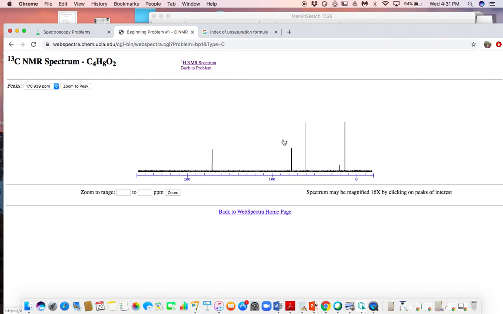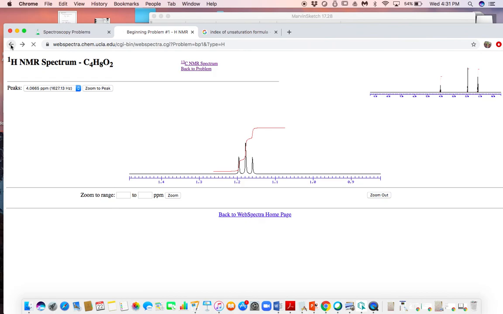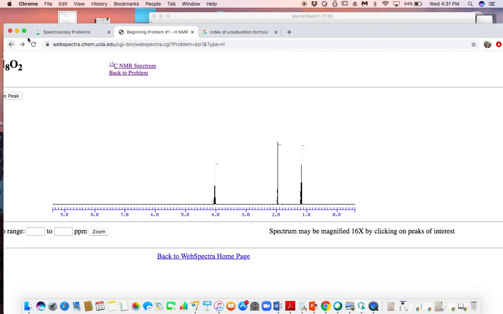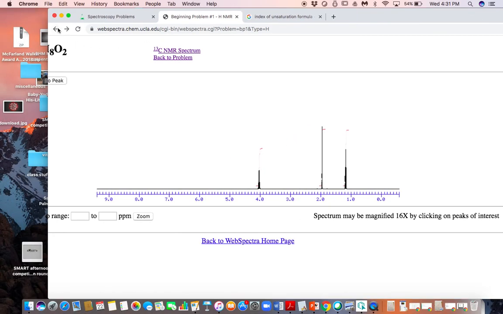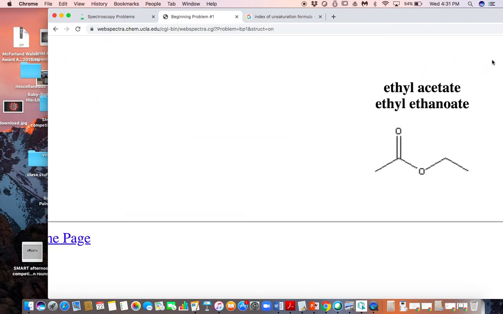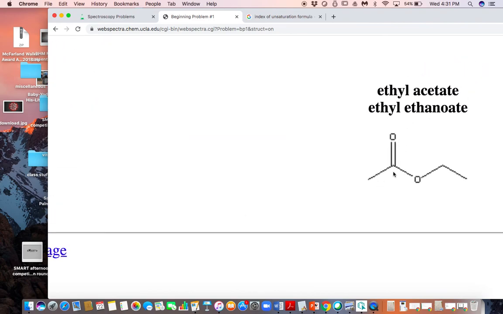So this gives you 1, 2, 3, 4 different carbon signals. That means we have 4 individual types of carbon in this structure. And these do have working answer keys on them. So we look at it, boom, here's the answer. 4 different types of carbon.